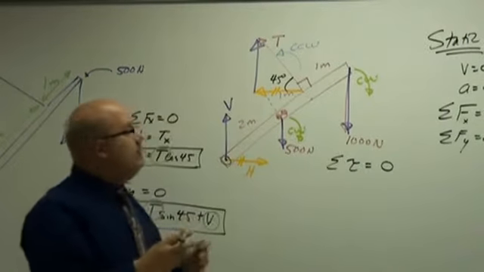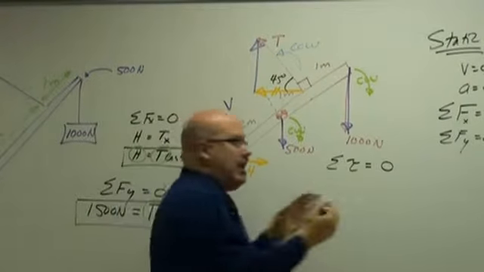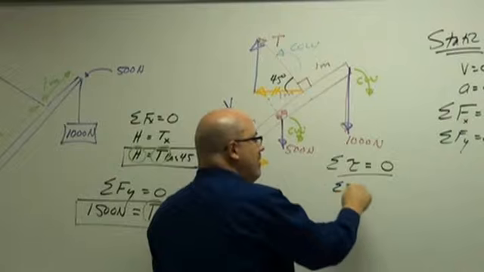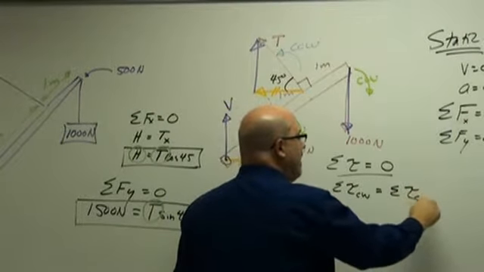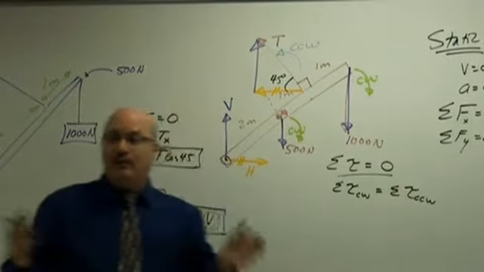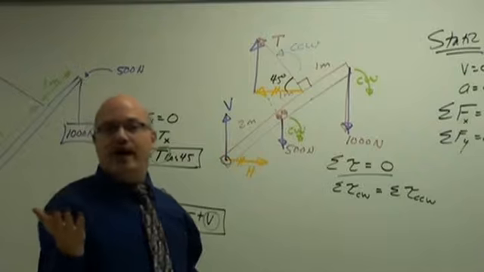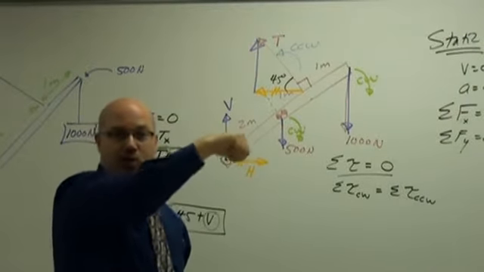So, until you get a good feel for this, you might want to actually write this down. When this is true, that means the sum of the torques clockwise must equal the sum of the torques counterclockwise, because some of them are going to be positive, some negative. Remember last time we talked about the direction of the torque. Clockwise torques will give you a vector into the board.